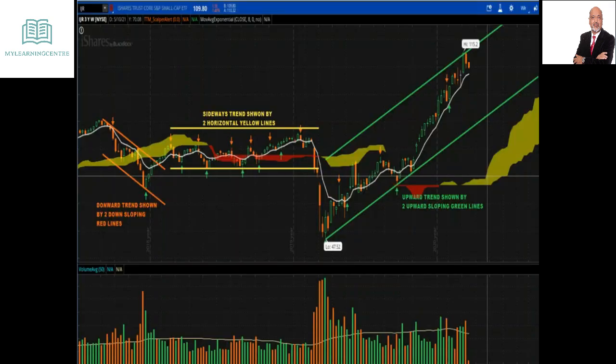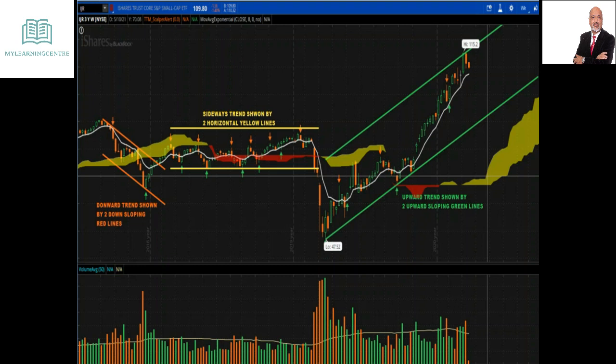This is a 3-year chart of the IJR ETF on a weekly basis. We start from left to right. On the extreme left, you will see two downward sloping red lines that show that the security is in a downtrend.